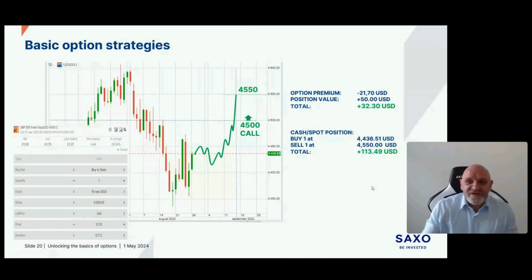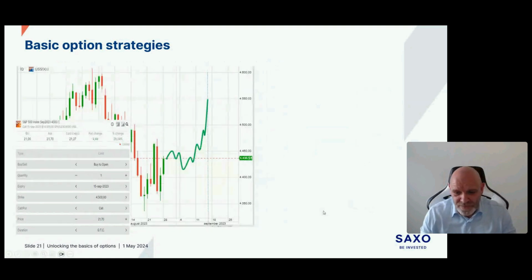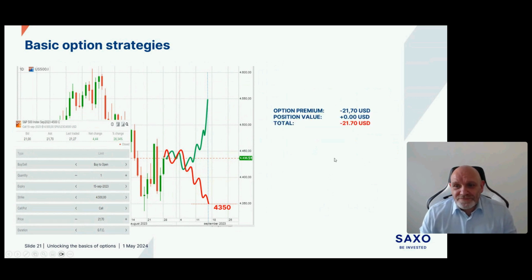Rather the profit advantages. What if it goes wrong? Imagine it goes wrong. It goes down. It doesn't go to 4,550. Rather, it drops to 4,350. Well, we paid our option premium, $2,170, and that's the most we can lose actually.